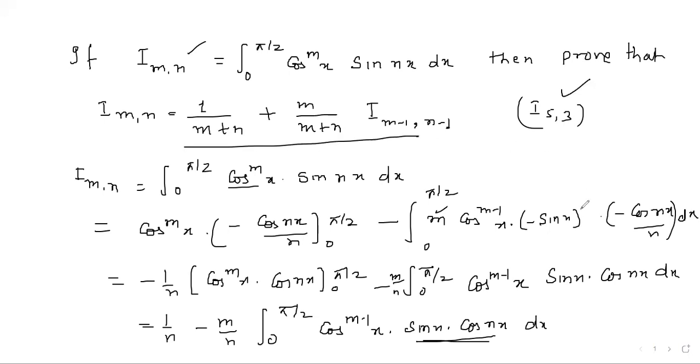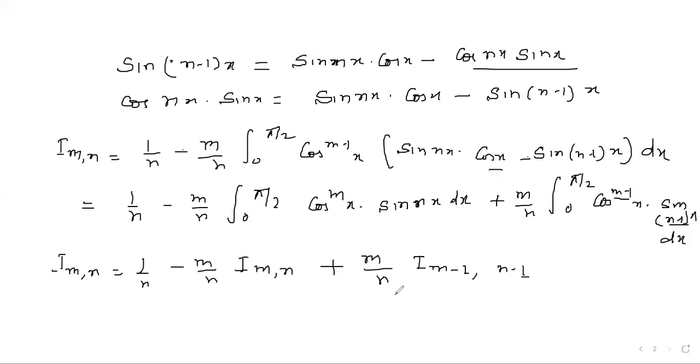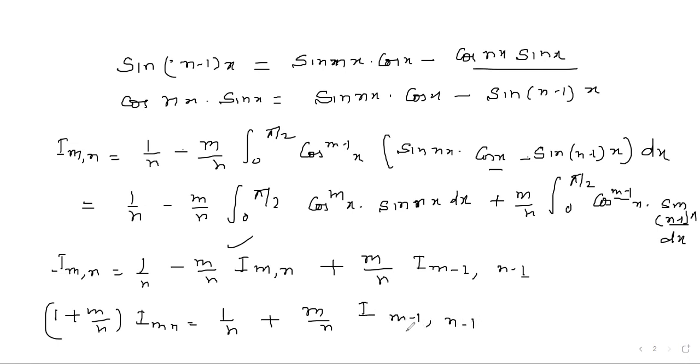Now we have to evaluate this. For that purpose, we put in the values. Let's take this term to the LHS and then take common. So we will get (1 plus m upon n) times I_mn equal to 1 upon n plus m upon n times I_(m-1, n-1). We further simplify and then multiply each term by n.